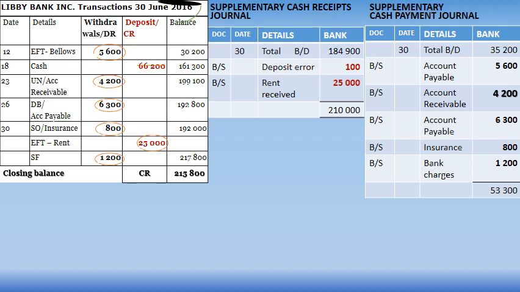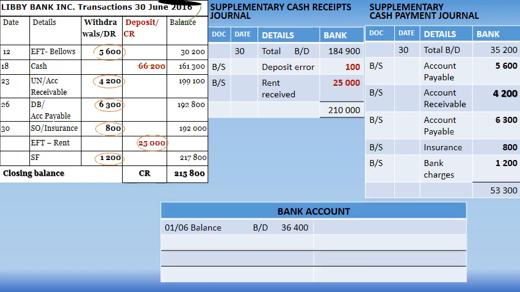The next step is to post the totals from the journal into the bank account. In the bank account, we will start with the opening balance that was given at the beginning of the month. We have shown it as a balance brought down on the debit side as 36,400. Bring the total from the cash receipt journal on the debit side at the end of the month.